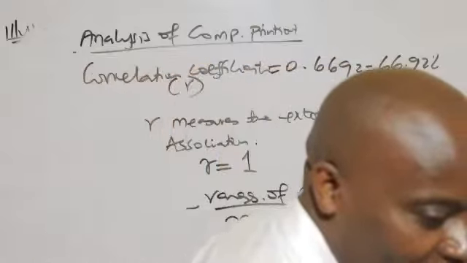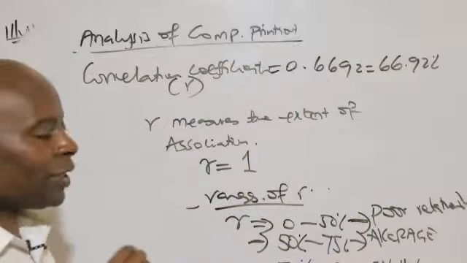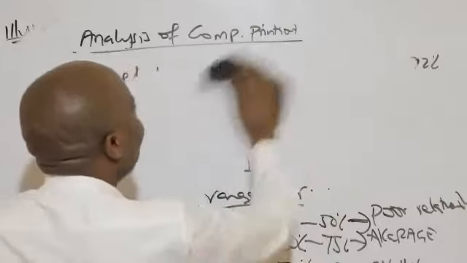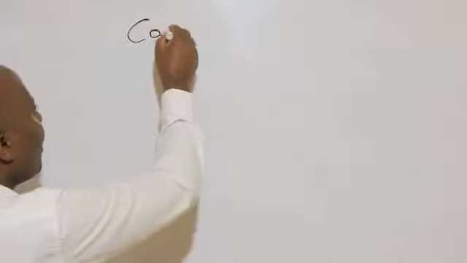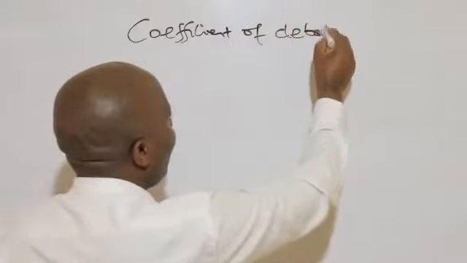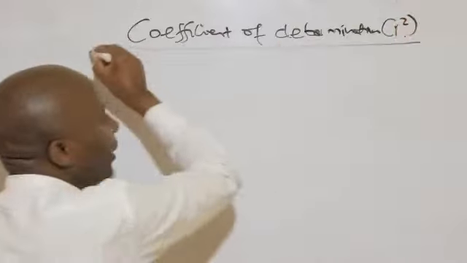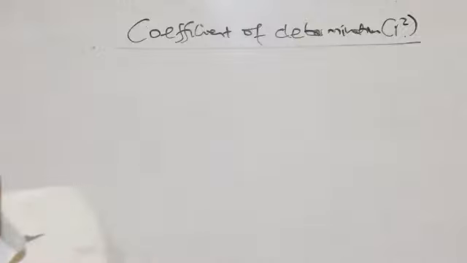Now, ladies and gentlemen, after correlation, straight away I'll go to the coefficient of determination. Coefficient of determination is R squared.